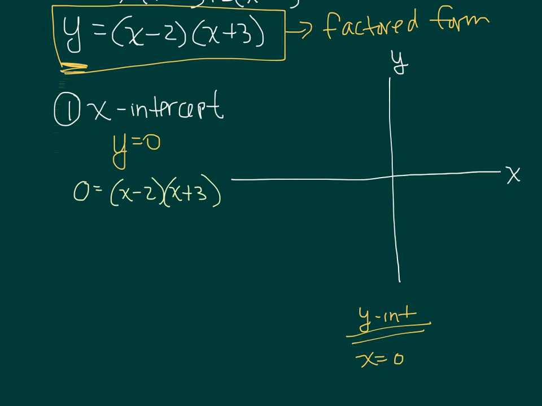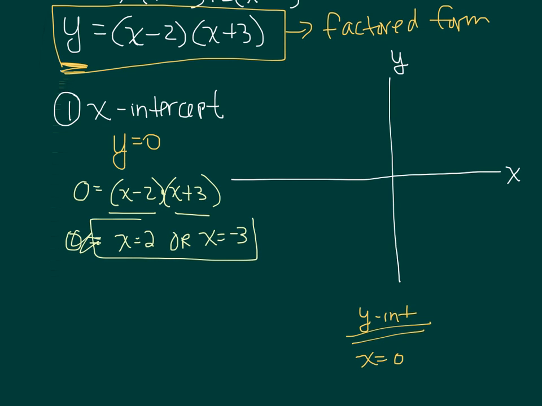Now hopefully you're looking at this and you're saying, oh look, it's zero product property, right? I get to use zero product property to solve this equation. So I can just say that x equals 2 or x equals negative 3, knowing that I am solving here for the x-intercepts.